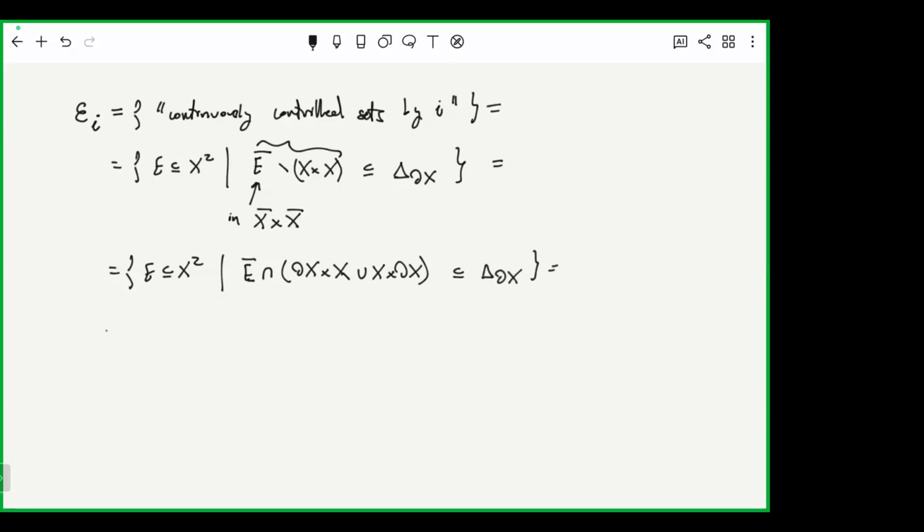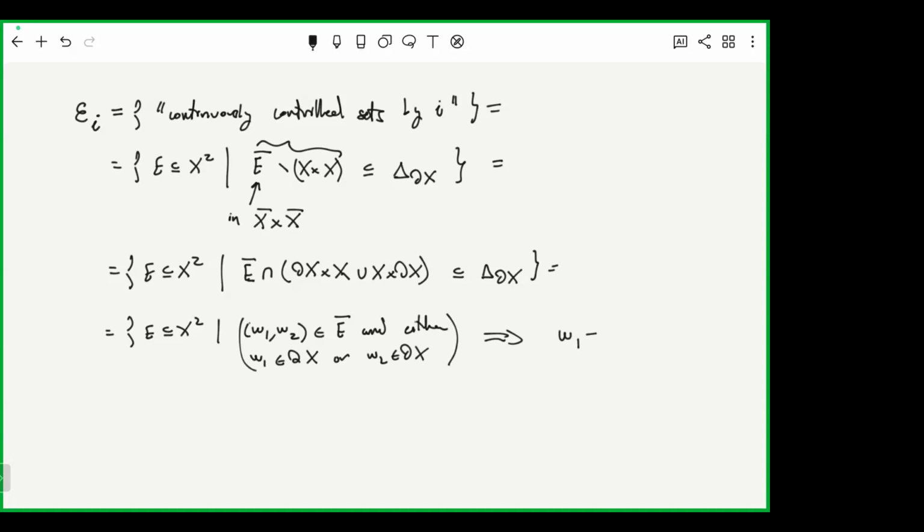This means the following. These are the subsets of X squared such that if (omega 1, omega 2) is in the closure of E, and one of them is in the corona of the compactification, then the two components have to be the same.